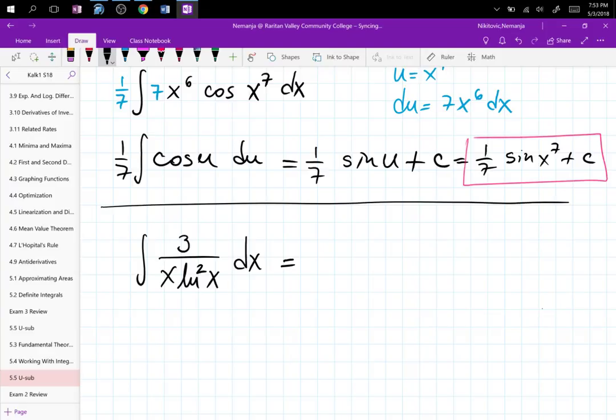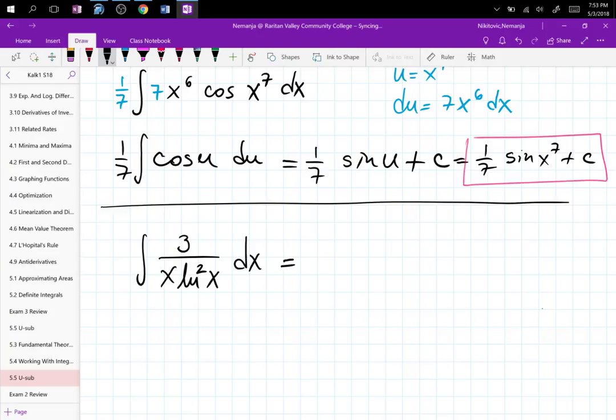So do we have a function derivative pair in this problem? Do you see it? And if you see it, what is it? 1 over x, natural log of x.